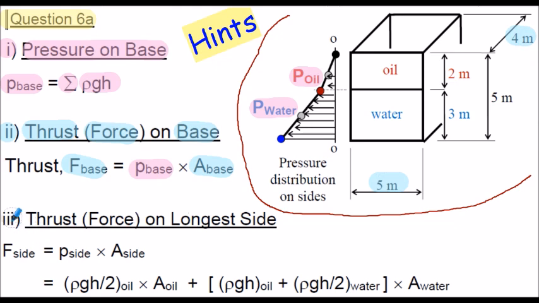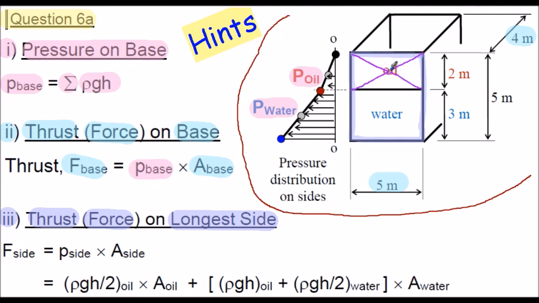The third part of the question is to calculate the thrust or the force on the longest side of the tank. Slightly more complicated here. The longest side of the tank will be this side, 5 meters by 5 meters. And essentially we're going to calculate the force applied to the tank side from the oil and the force applied to the tank side from the water. So considering the oil, we're going to evaluate the pressure at the midpoint of the oil storage on the tank.